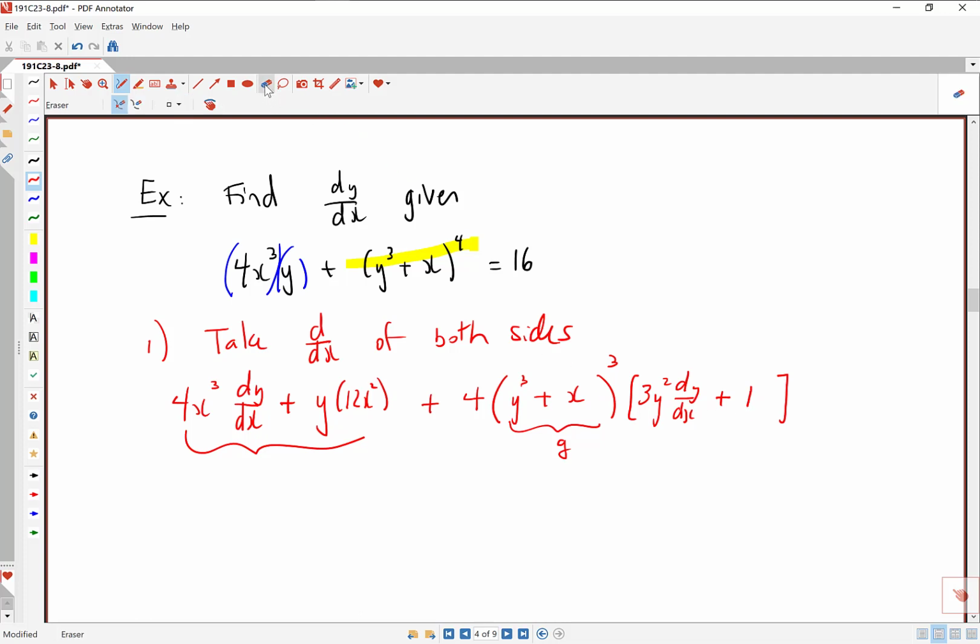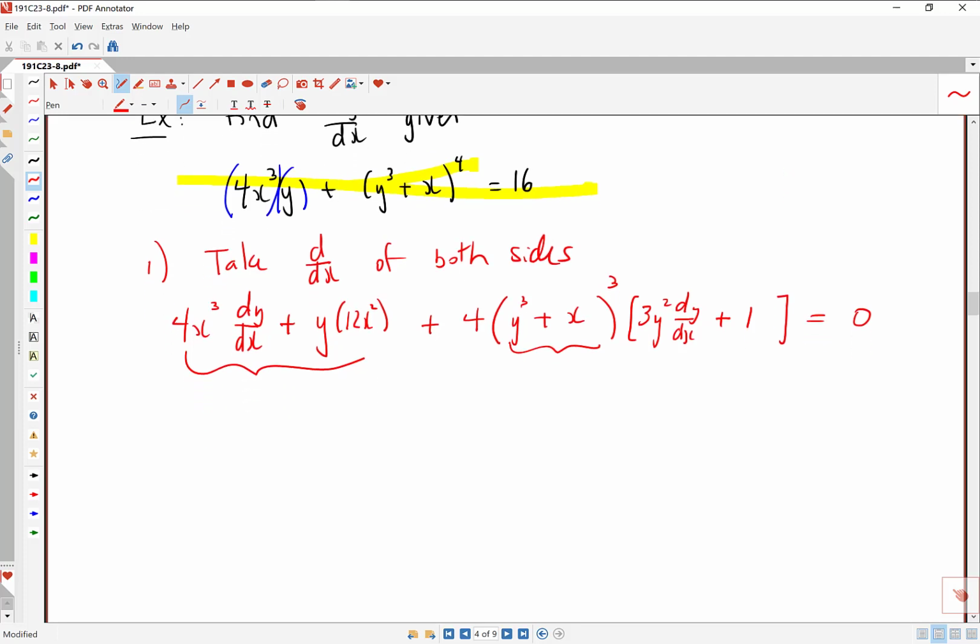Okay, so that's our chain rule in action. And then continuing to take derivatives of this equation here, we say that equals 0 because the derivative of any constant is going to be equal to 0. So that's our differentiation done.